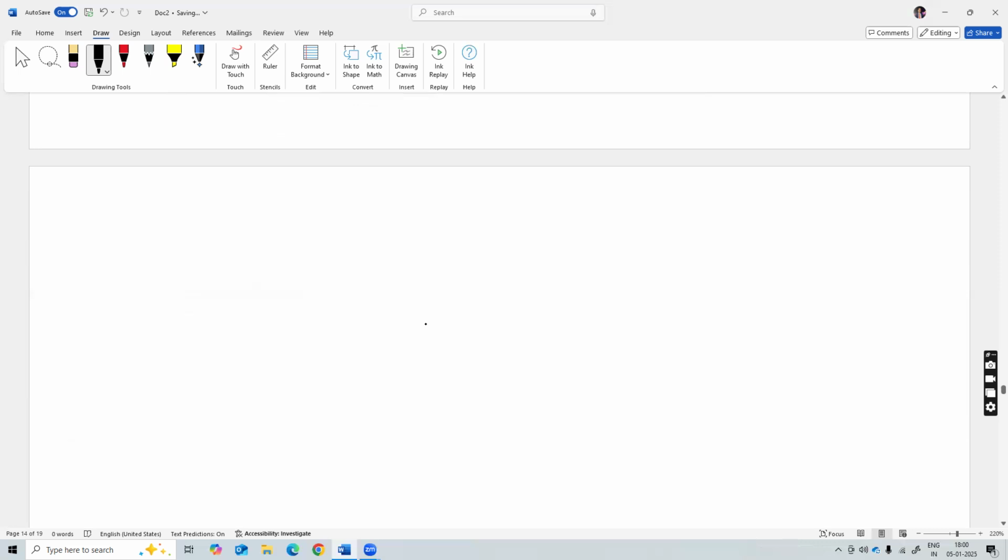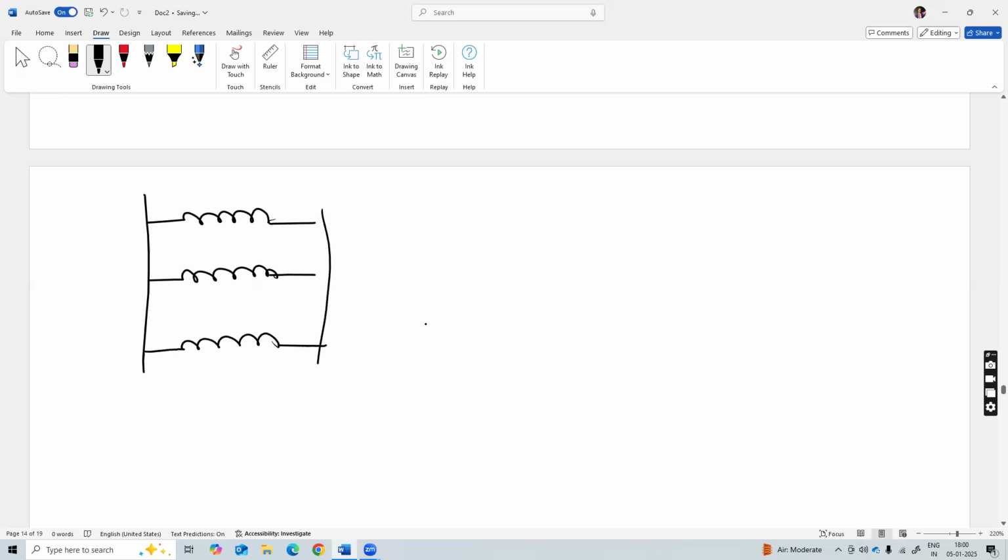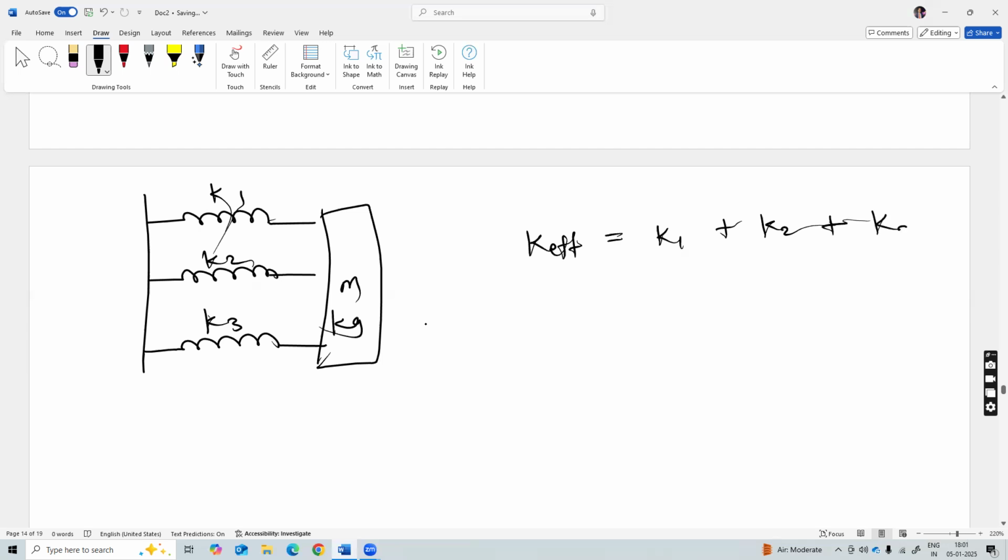So let's say if you have three springs connected like this to some object of mass m kg. Let's say this has K1, this has K2, and this has K3. So K effective will be K1 plus K2 plus K3.